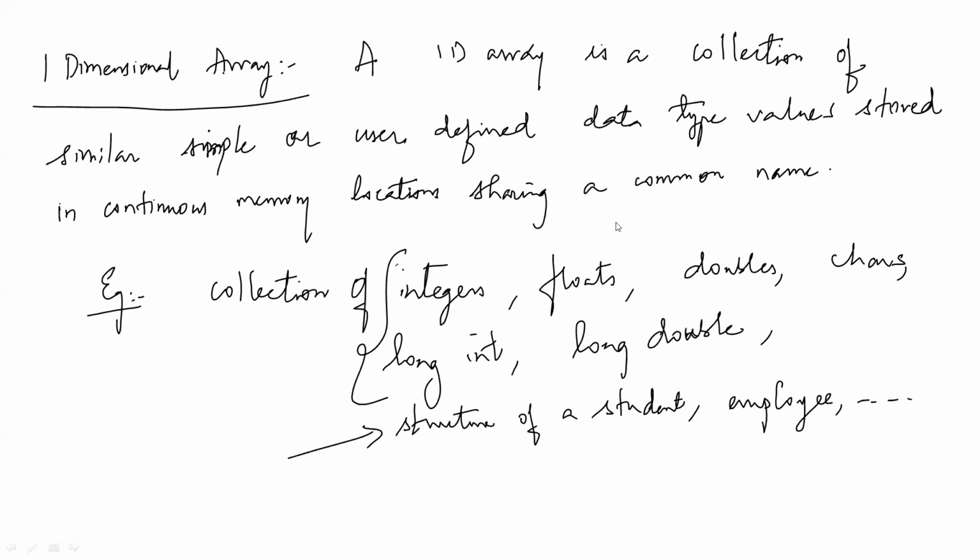So what is the advantage of giving the name to that memory location while declaration? Very simple. While I have to work with the value present in that memory location, I'll take the help of the name in order to work with the value. Right? So how will I declare a one-dimensional array?